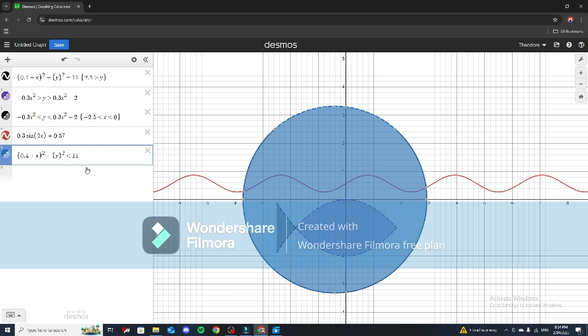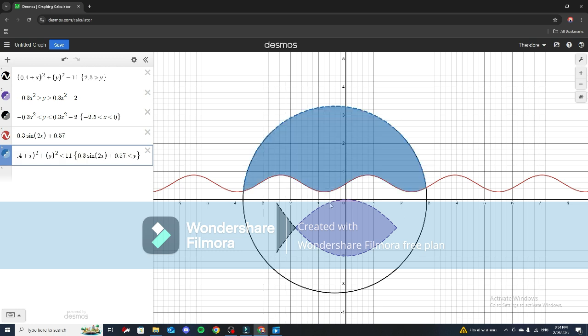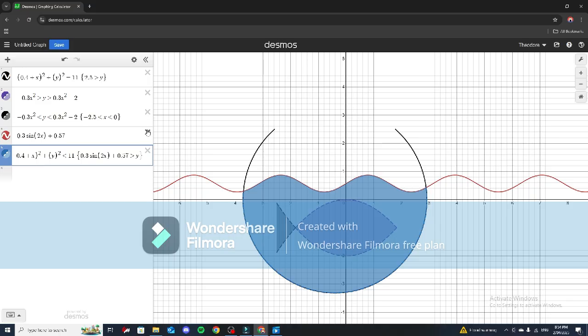And then I limited it so that it would be the same value as my sine line. This goes on the outside, and this one goes exactly where I want it to be. So now, boom.